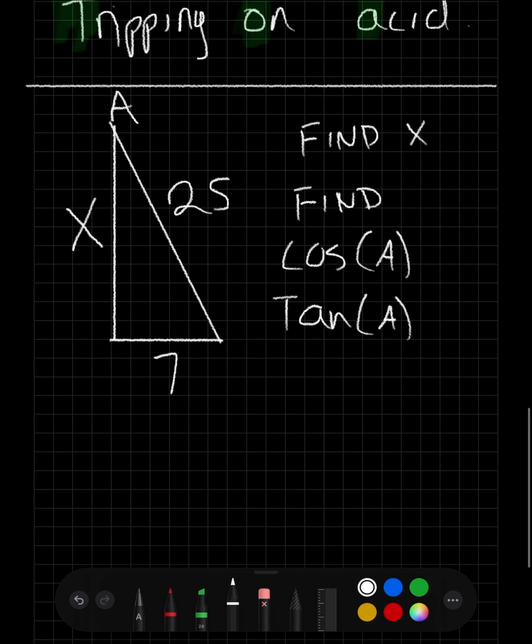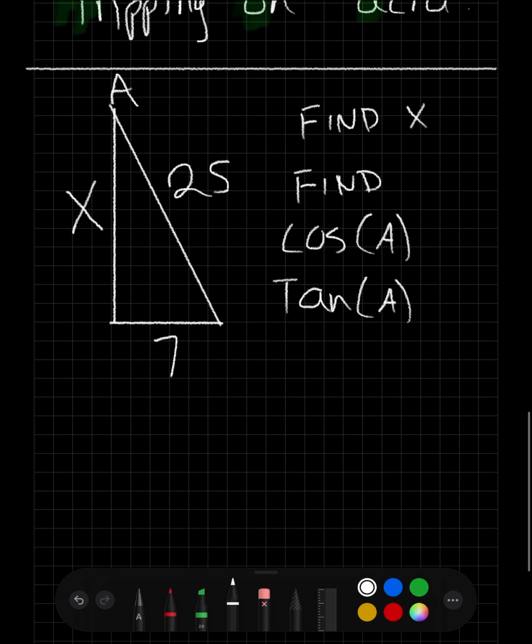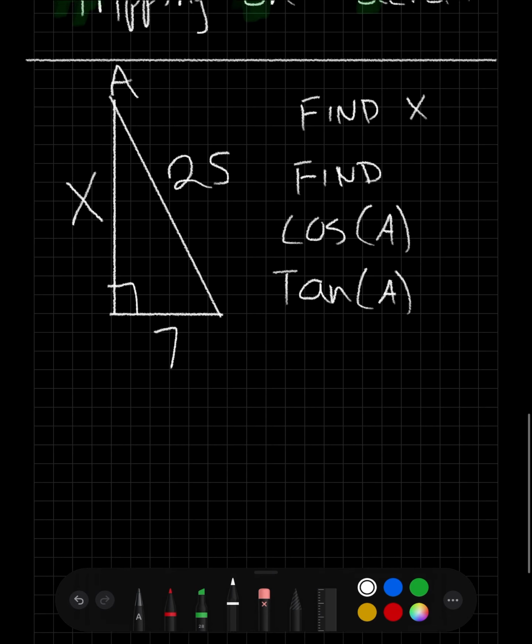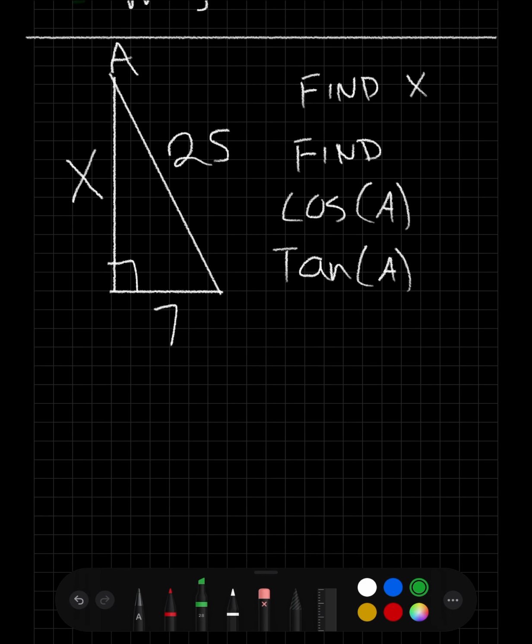So the first thing we'll do to find x is we're actually going to use that handy-dandy Pythagorean theorem because this is a right triangle. So here's what we'll do to find x. We'll say x squared plus 7 squared is equal to 25 squared. That's my setup for my Pythagorean theorem. So go ahead and take a second and work this out and come back and I'll show you what I did.